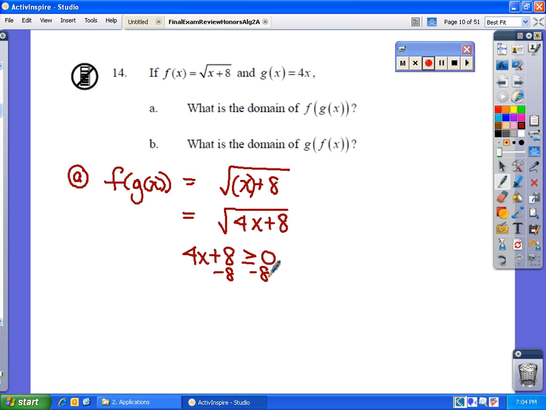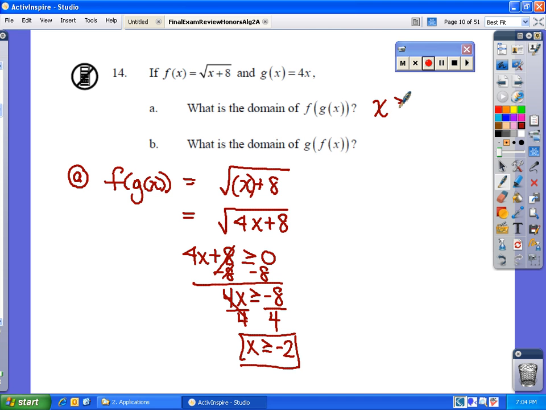Solving for x, we get that x has to be greater than or equal to -2. This will be our domain for f of g of x.